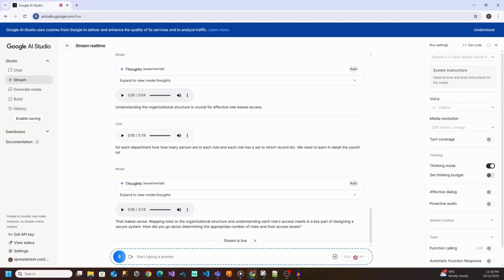We need to learn about it, and the challenge was, okay, we have the organization chart, but we need to work closely with the key users to know which role we should assign to which record, and how the record will be shared across the organization, how the record will be shared within the same team, how the record will be shared to the manager, etc.